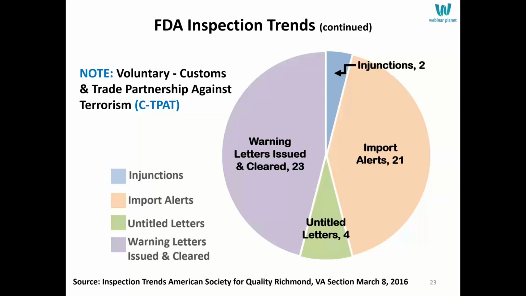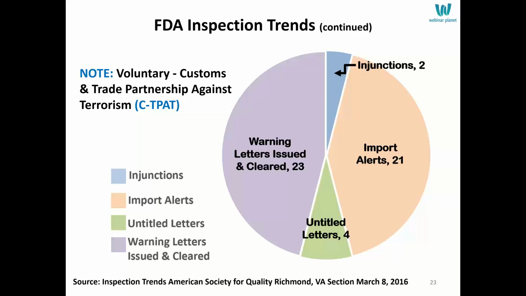As a result, Customs and Border Protection, Homeland Security, and FDA are working together through the Customs and Trade Partnership Against Terrorism, CTPAT. This is a voluntary organization, but if you go through the process of making sure your supply chain is secure, then you can get a certain status which will let you get product moved through the country much faster.